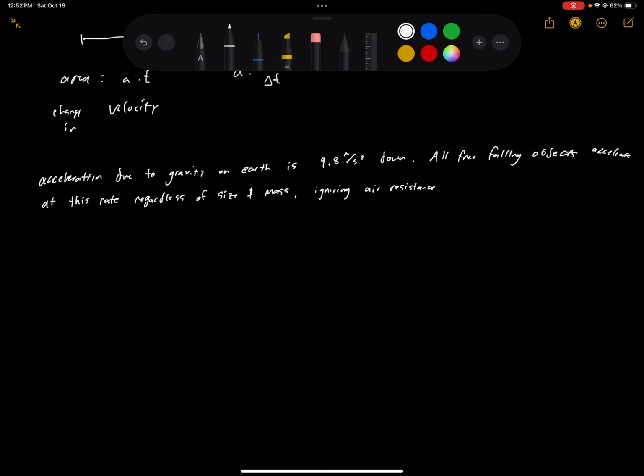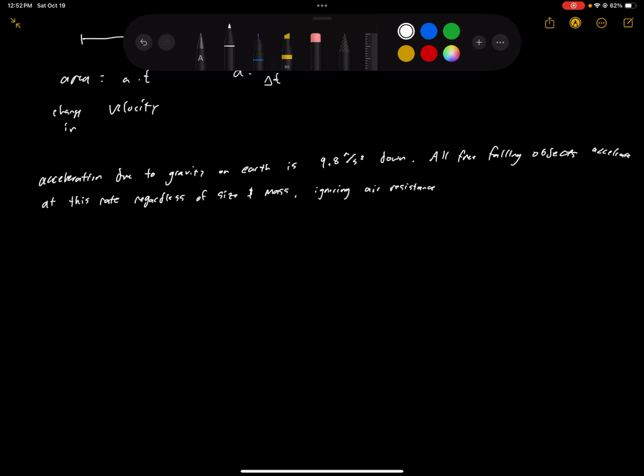The only reason that happens, though, is because the air pushes up on the feather, right? So there's this force acting on the feather. We call that air resistance. And basically, it has to push the air out of the way. And due to the size and shape and mass of the feather, it floats down very slowly. But in the absence of air, they would actually hit the ground at the same time.